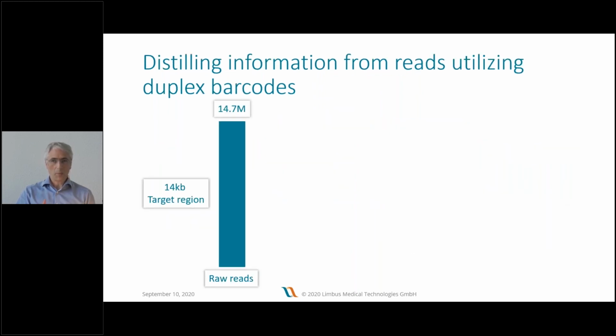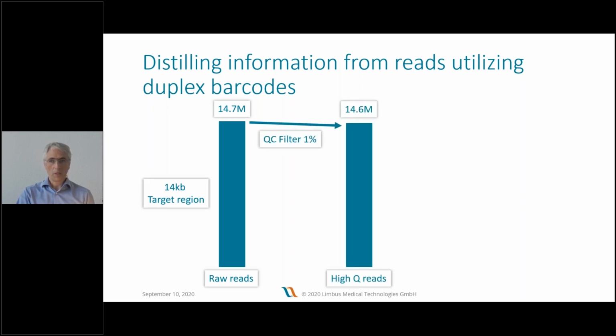I'd like to give you an example of how this looks using numbers from a real sample from Simon. His NGS panel had a target region of only 14 kilobases. Every single sample was sequenced with 14.7 million reads, as an example. In the first step, quality filtering is applied. So we remove all reads that are of lower quality, that are not paired, or where the pairs are not on the same chromosome.